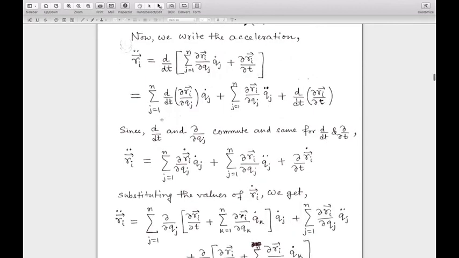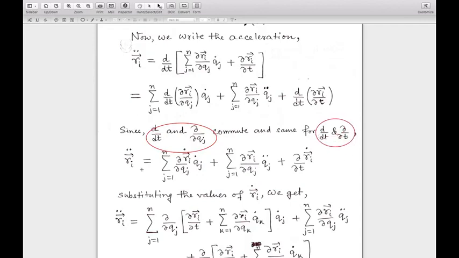Now again, just by expanding ddt, you can see that as all Qj dot and t are mutually independent, these two operators commute with each other, and so do ddt and del t.